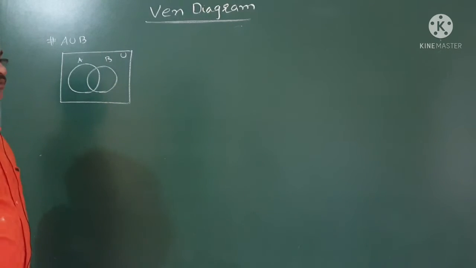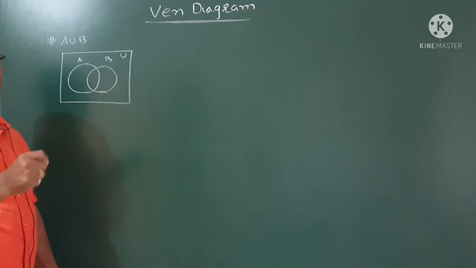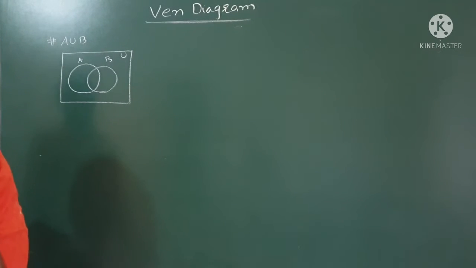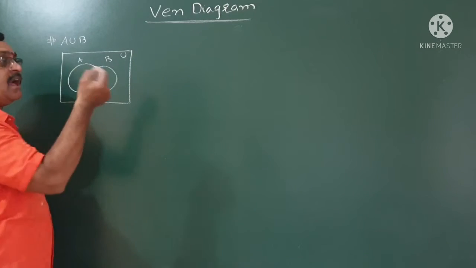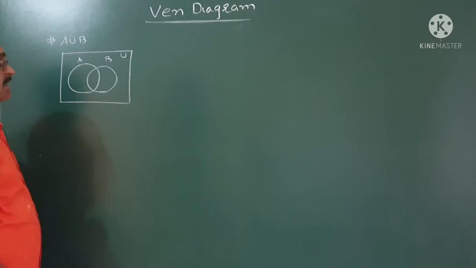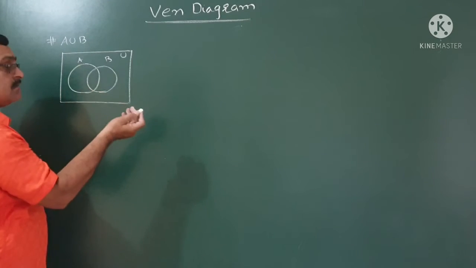Now I am going to show you how to represent A union B in general using a Venn diagram. Listen carefully. First of all, you choose either A or B. Shade that set A with either horizontal lines or vertical lines.